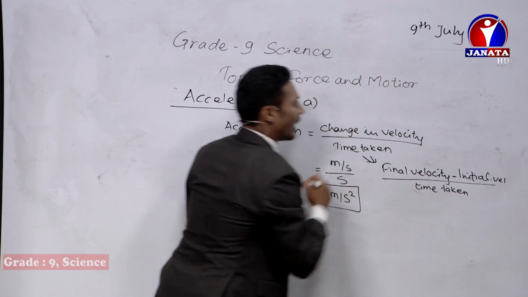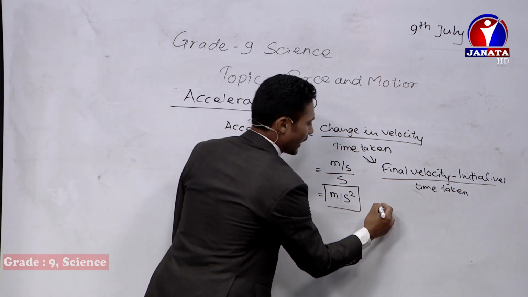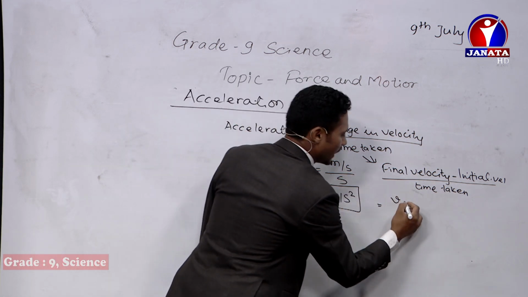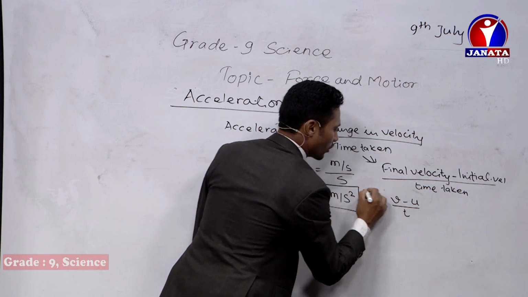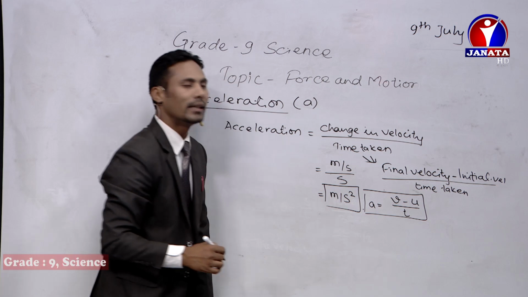The final velocity is represented by v and the initial velocity by u, so the acceleration formula is v minus u by t.